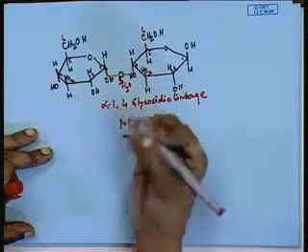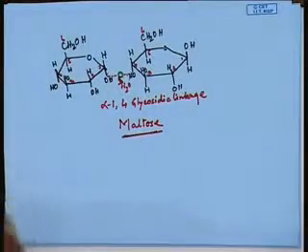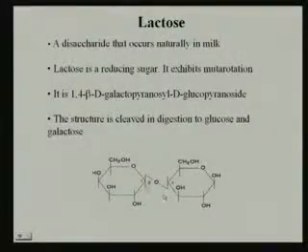So, this is alpha 1,4 glycosidic linkage, but here this beta 1,4 glycosidic linkage is formed when one galactose and one glucose molecule are joined together, and when these bonds are split, then we get one glucose and one galactose.